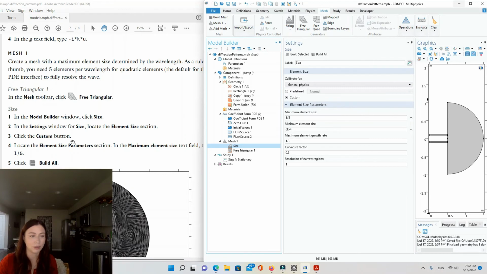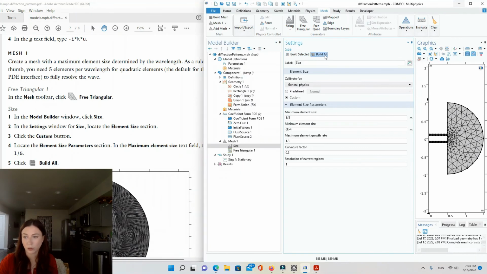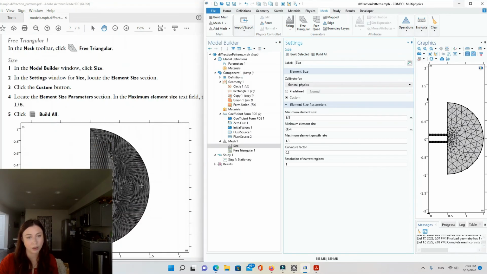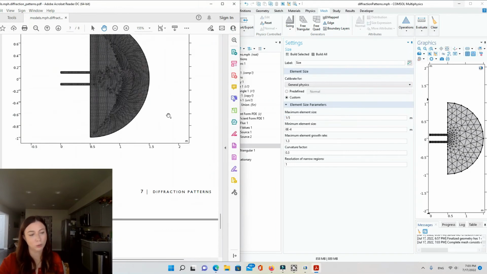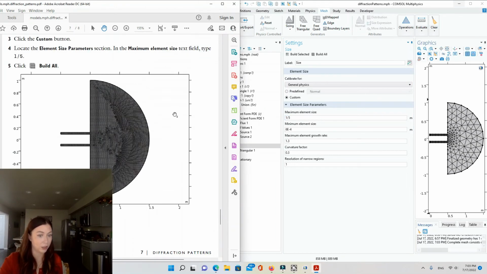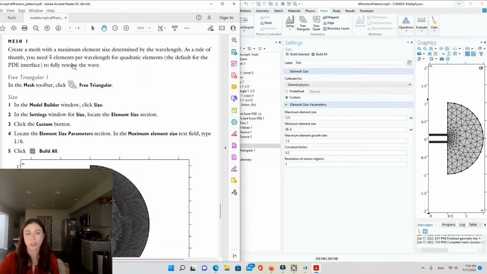That doesn't make sense. We're going to do build all. That cannot be right. I don't want to be too heavy-handed, but I think there's a mistake in this tutorial, because based on the rule of thumb they just gave us, we need 5 elements per wavelength for quadratic elements, and our wavelength, lambda, is 0.1 meters.